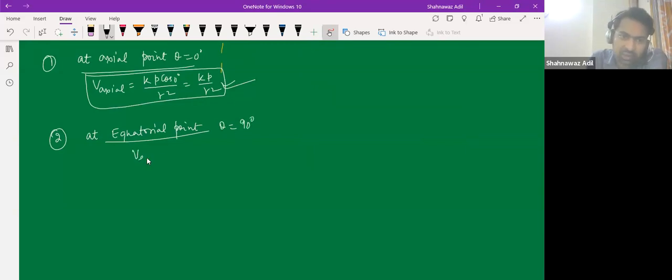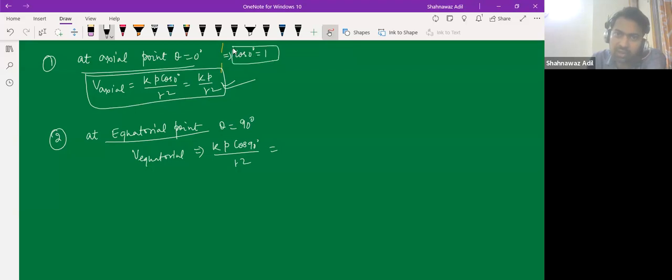So P equatorial would be how much? That is Kp cos 90 by r square. So how much is cos 90? Cos 0 is 1, right?